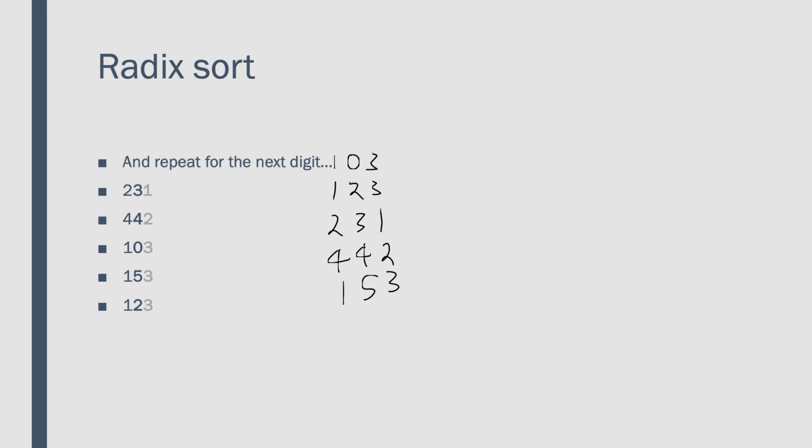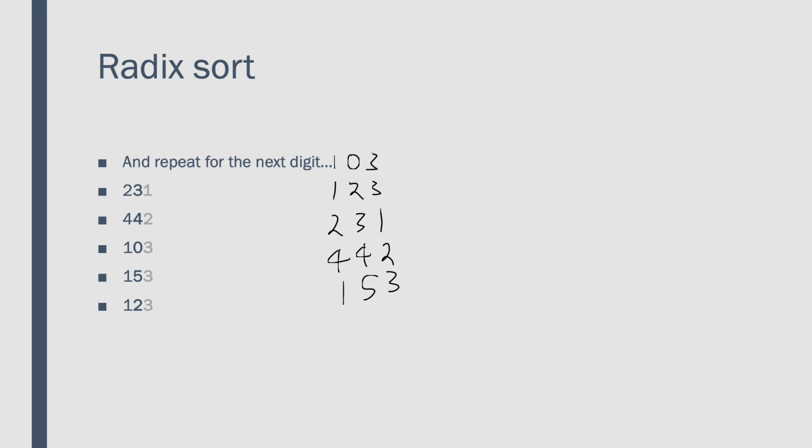Now I'll sort this list based on the tens place. So in step 2, we have the list before sorting based on the tens digit, and after using counting sort, which is a stable sort, the sorted order based on the tens place is 103, 123, 231, 442, and 153.